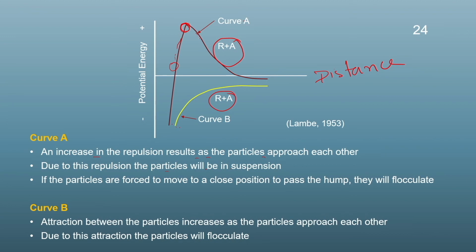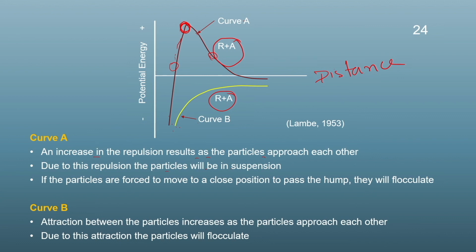In one scenario, the particle repulsion will be increasing as the particles come closer, but once it crosses this hump, there will be attraction and the particles will move to a closer state and flocculate. On the other hand, for curve B, as the particles approach each other, there will be attraction and the particles will coagulate and then flocculate.